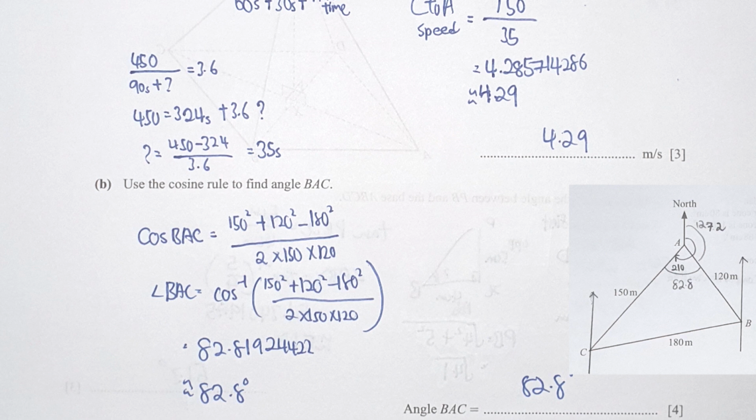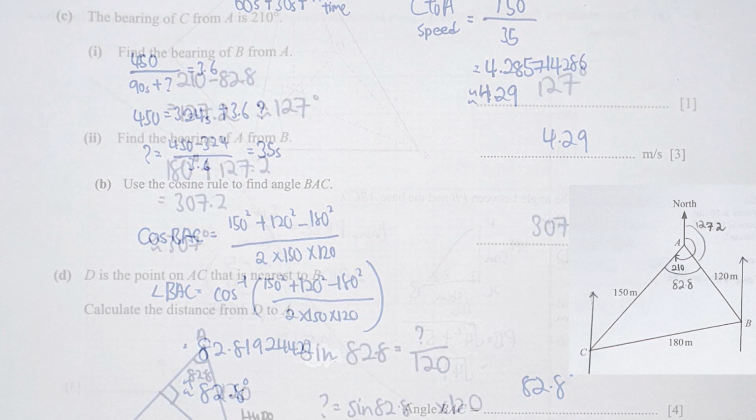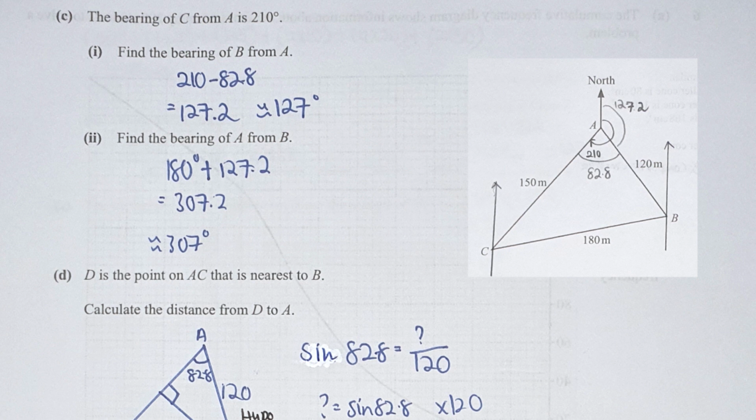Part B, using the cosine rule, find angle BAC. So since we have all 3 sides' information, basically I'm just filling up the formula, and after the calculation and correcting it to 3 significant figures, your answer should be 82.8. As for the next part, the bearing of C from A is 210.